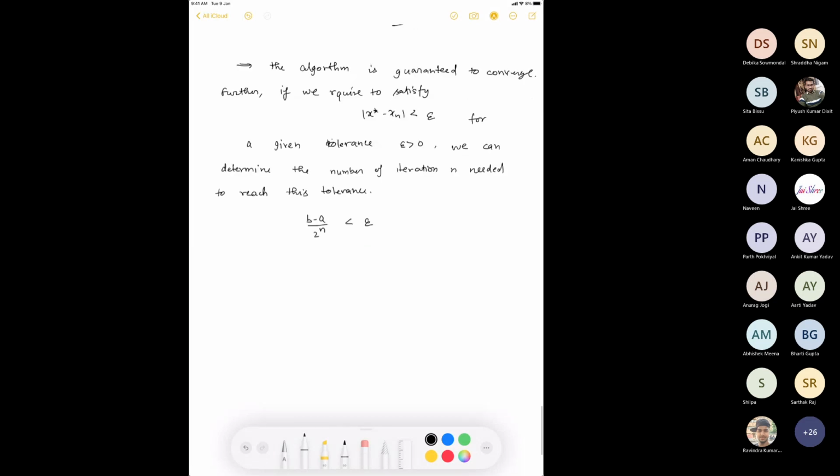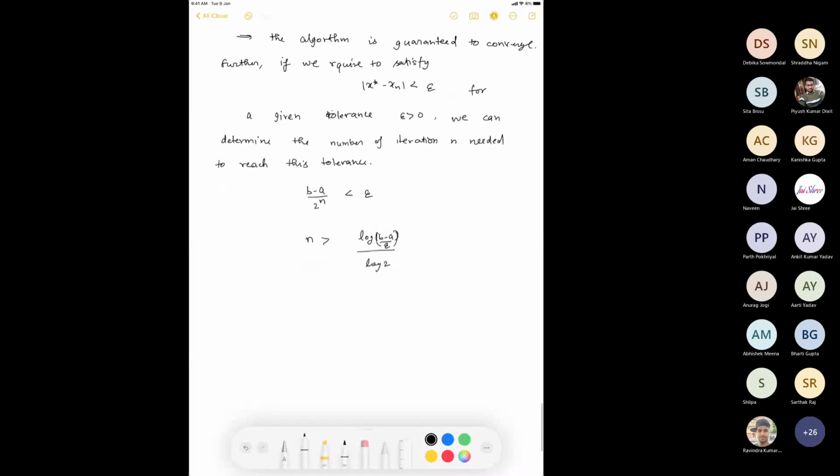If you simplify this, it is going to give you that n should be greater than the following.